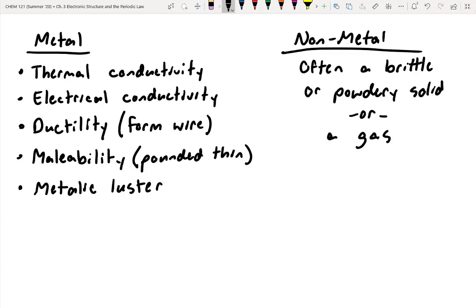Again, this isn't the definitive list of metal characteristics and non-metal characteristics. In fact, there are a few non-metals that are also liquid, like bromine. If we look at bromine, bromine's actually just a weird red liquid, but it's definitely not going to behave like a metal, and it's going to fall more in that non-metal category.